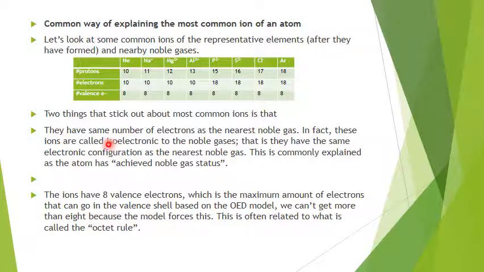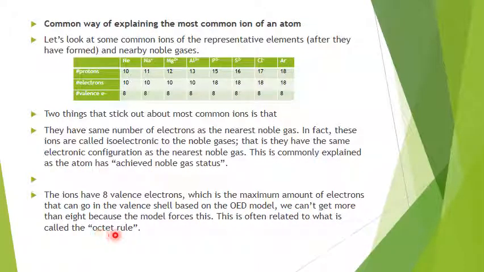What we mean is that they're isoelectronic, which means the same amount of electrons as a noble gas. This is commonly explained as these atoms having achieved noble gas status. Also, the ions will have 8 valence electrons after they become ions, which we know is the maximum number of electrons you can put in the valence shell.